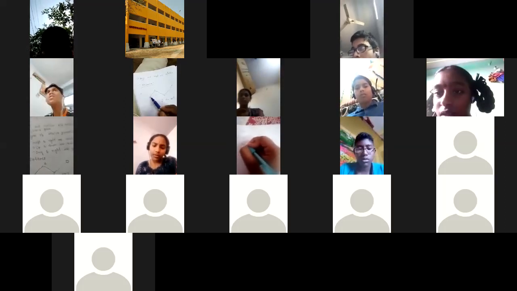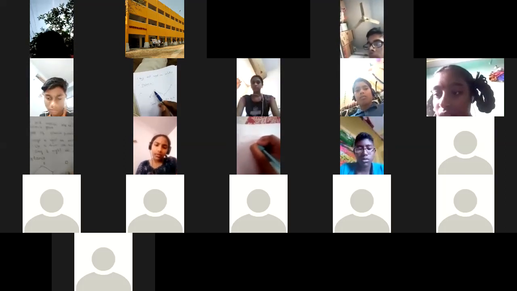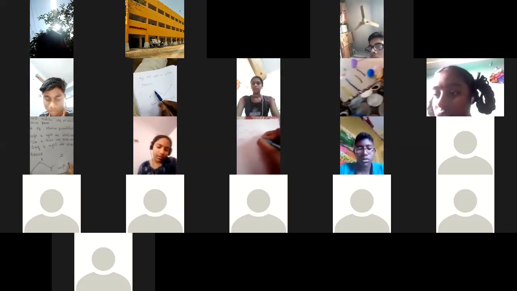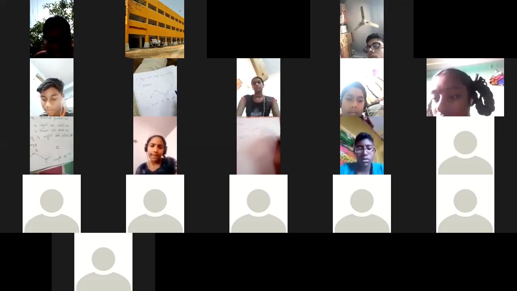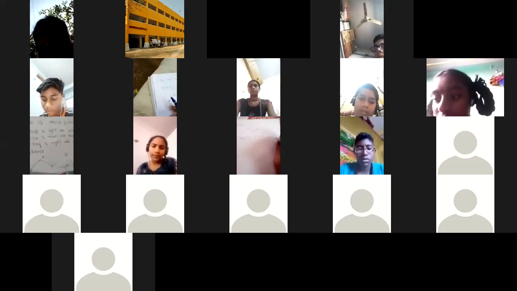Length of the path A to B, this is the path, and this is the path, and this is the path. Whatever path he covered, how much length of the path he covered, that is called distance. Understand about the distance, total distance. The total length he covered is giving distance, and distance is measured in meters actually.